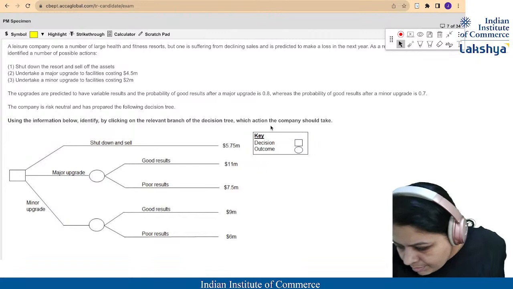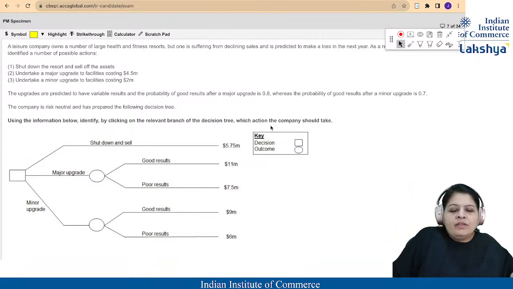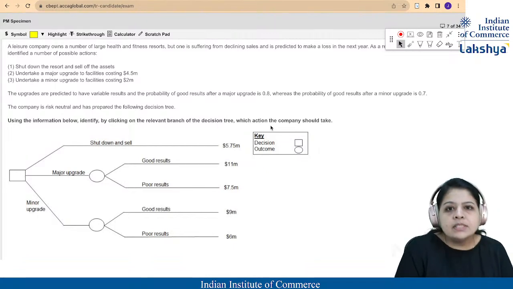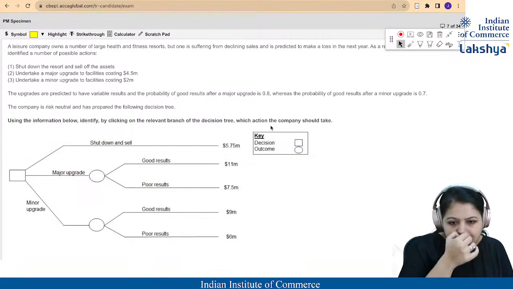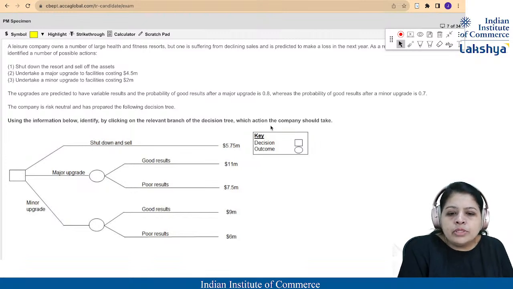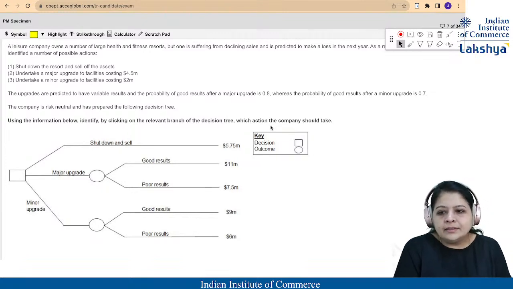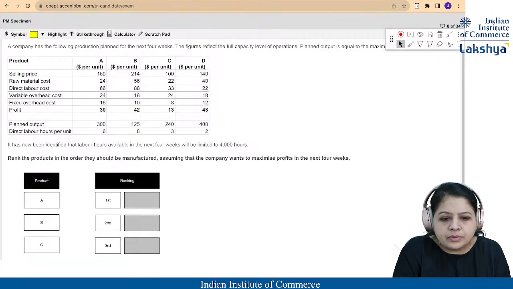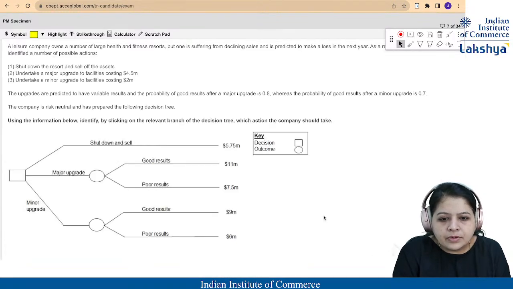But that does not mean that you don't have to even calculate the EVs which are based on the decision tree, right? This question specifically focuses on the EV calculation of the decision tree. But the decision tree is already drawn for you. All you got to do is correct the answer. Maybe it follows to the next page also. No, no, no, it's just here, right?